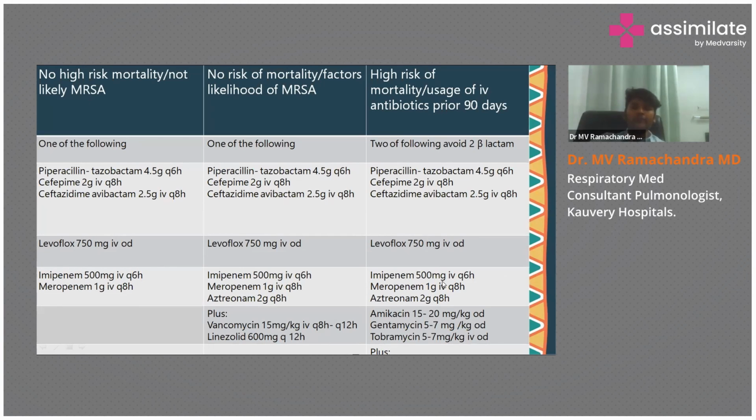So two from the upper group, along with vancomycin or linezolid. Usually 3 antibiotics are given if the patient has a high risk of mortality and antibiotic usage in the prior 90 days.